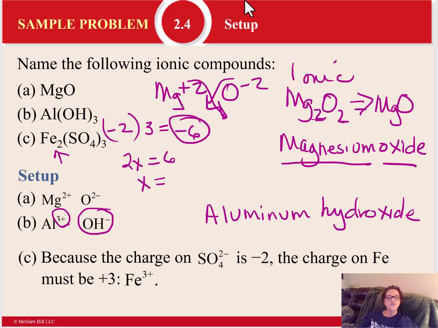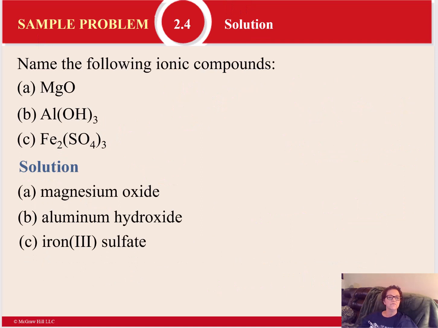So the charge on that would be 3. So it is going to be iron 3 sulfate. So that's how that works. And I just had this one so you can see it all pretty.